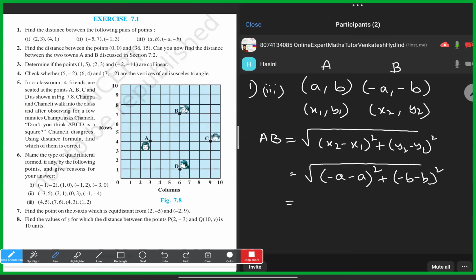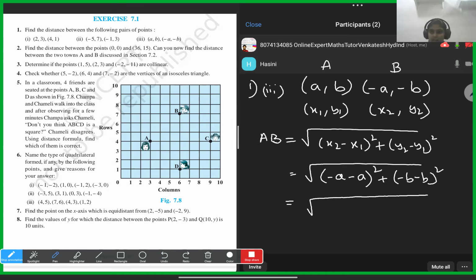When letters are the same, we need not apply it. So minus a minus a is how much, Hasni? Minus 2a. Like that, minus a minus a becomes minus 2a, because before the a there is a 1, and those we should add.